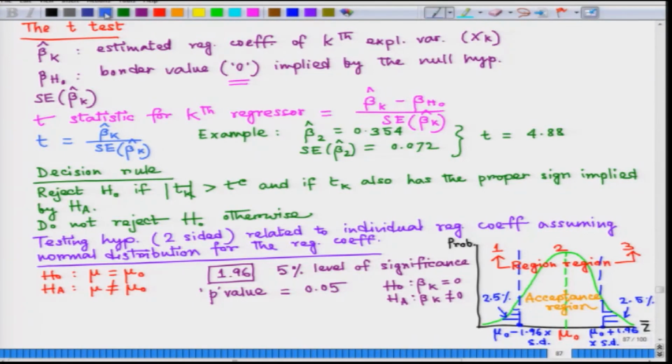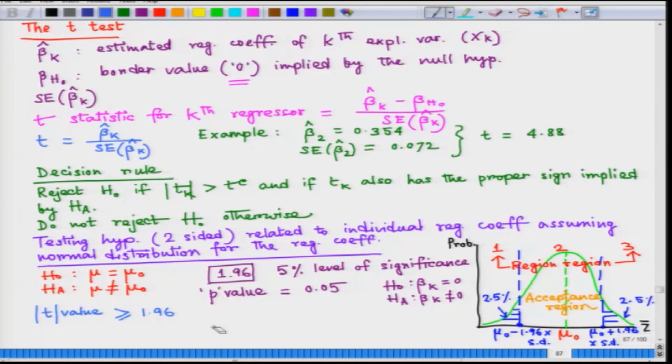Alternatively, we can also look at the t value, which is also reported in the statistical software output after you conduct a regression analysis, and if you find the mod t value is greater than or equal to 1.96, then also you can reject the null hypothesis.